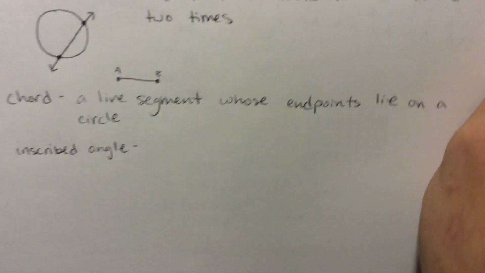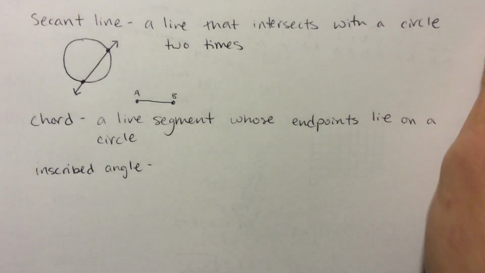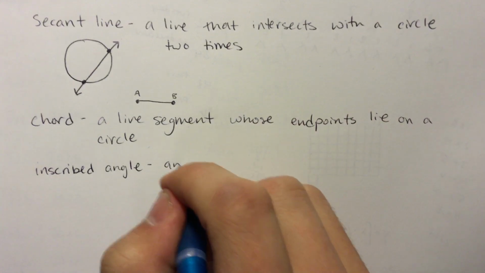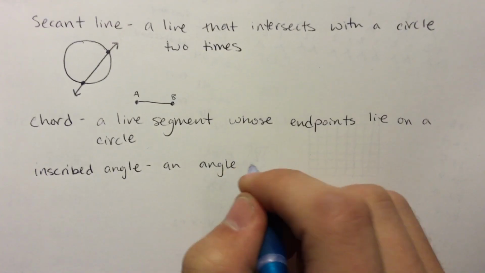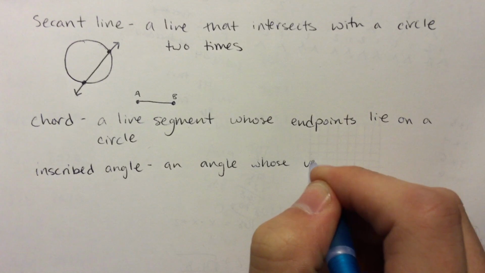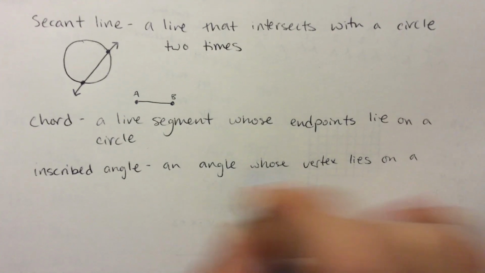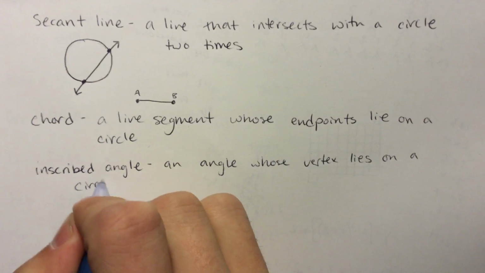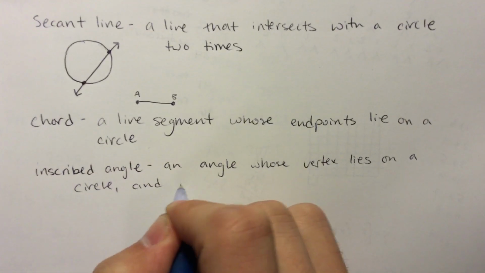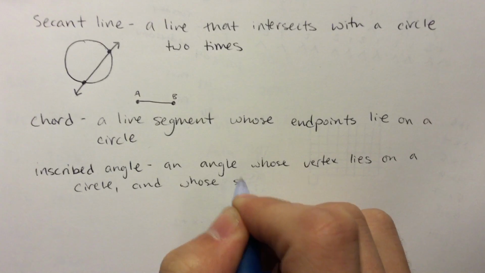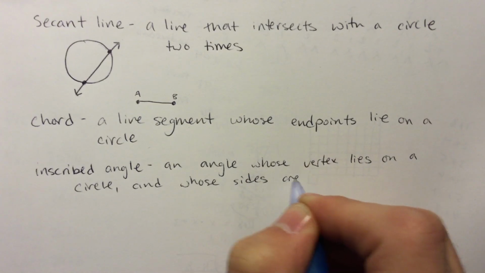An inscribed angle is an angle whose vertex lies on a circle and whose sides are chords.